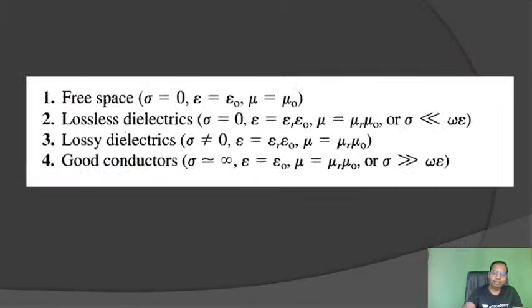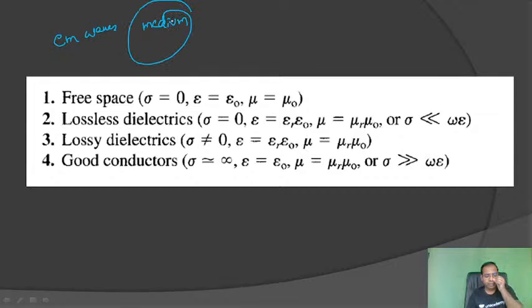Next, whenever electromagnetic waves are traveling in some medium, here we are taking four different types of mediums. One is free space, second is a lossless dielectric, third is a lossy dielectric, and fourth is a good conductor.